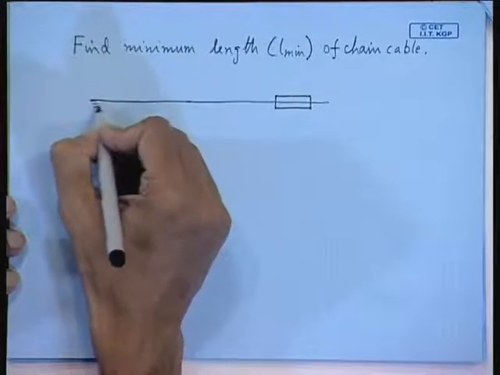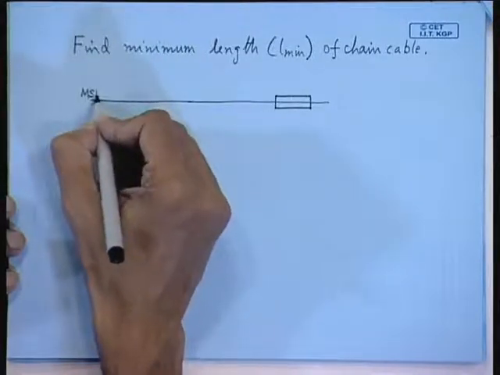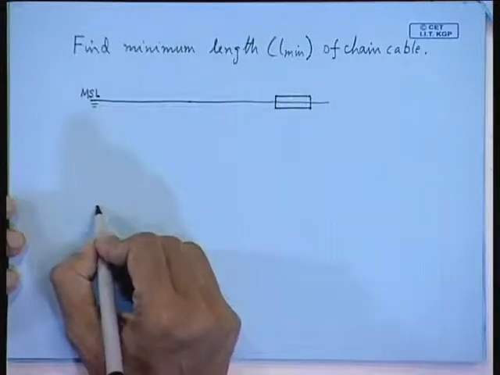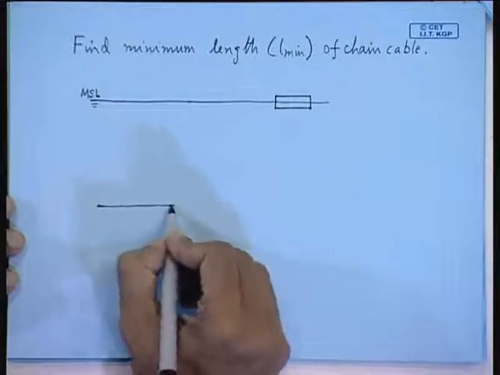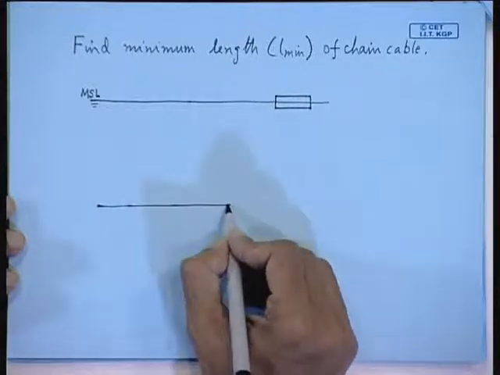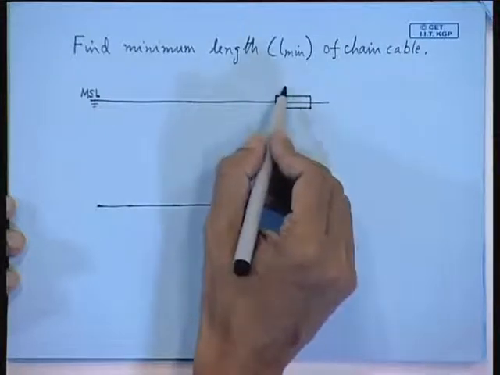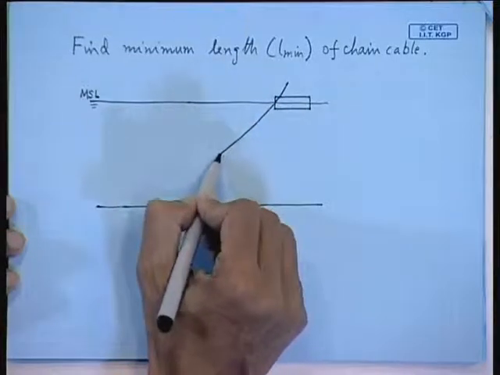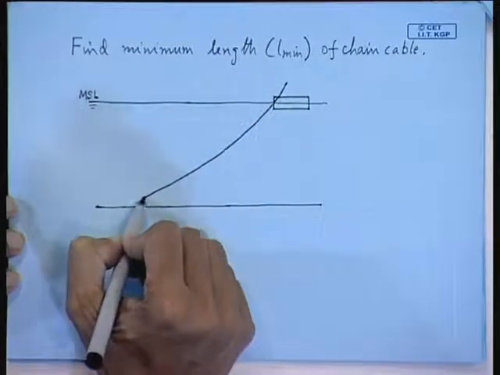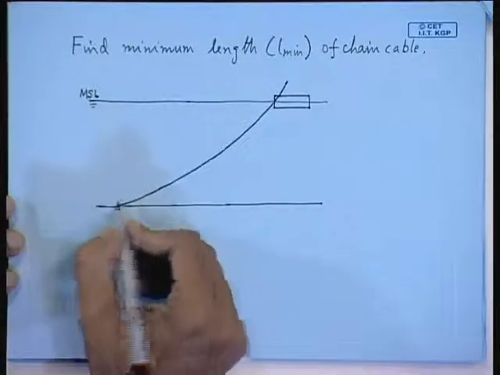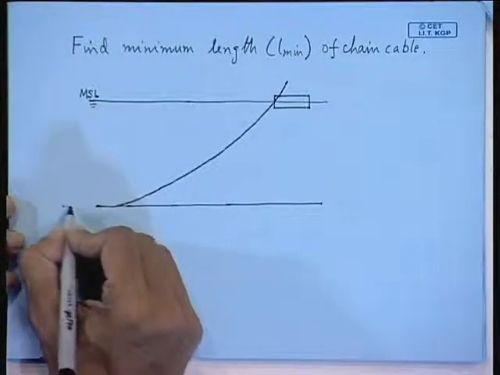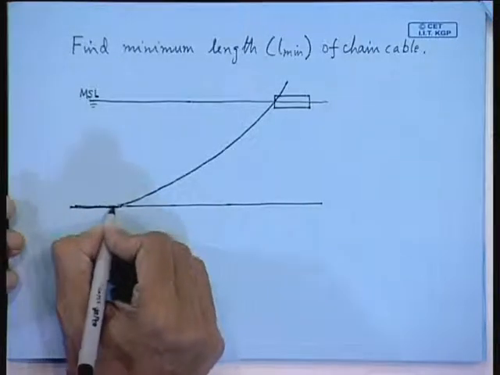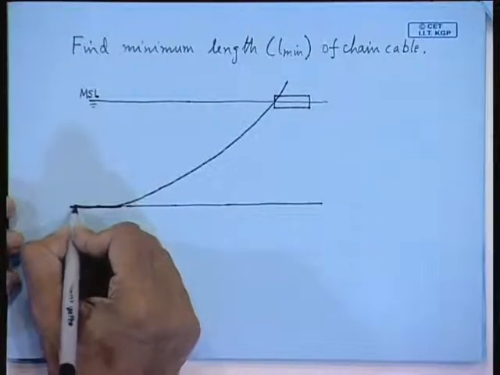Now, the chain is hooked up at the anchor winch. So, it is assuming some kind of a form like this. Now at this point it will start lying horizontal on the seabed. So that means to some extent it will come horizontal, and then you have an anchor.